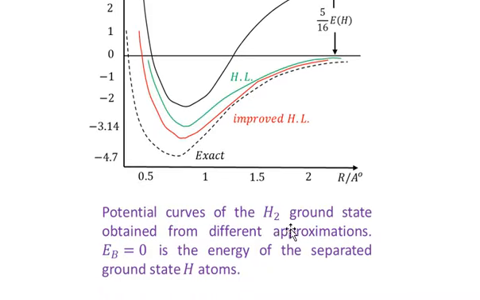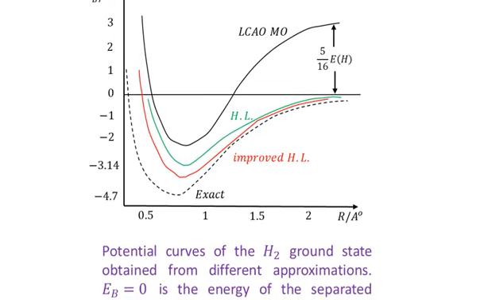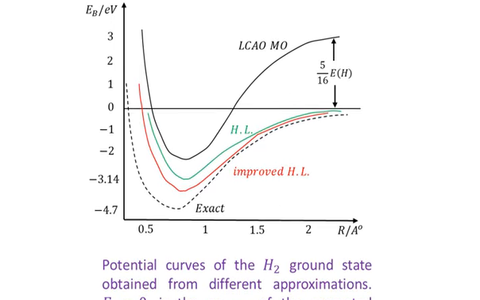So potential curves of the hydrogen ground state obtained from different approximations. EB equal to 0 is the energy of the separated ground state hydrogen atoms, that is, in the H2 molecule, when the two atoms are very well separated from each other, the binding energy of such a molecule will be equal to 0.